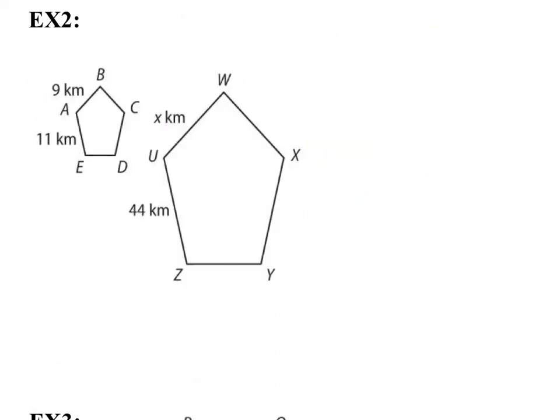Now, in example 2, we are looking for the value of x kilometers on side length UW, and the matching similar side length would be AB, which is 9 kilometers. But we are given the ratio of A to E and U to V, so we're going to use that. AE is 11 kilometers, and U to V is 44 kilometers.